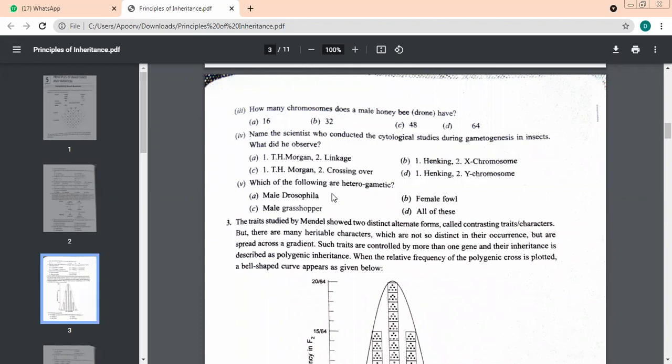Male Drosophila is, see what is the question? It says heterogametic. We are very sure that you already gave me Drosophila males are heterogametic, no doubt. What about male grasshoppers? Ma'am, they also show heterogamety. Yes, you're absolutely correct. So these two, beta, here you had no confusions, both of you.